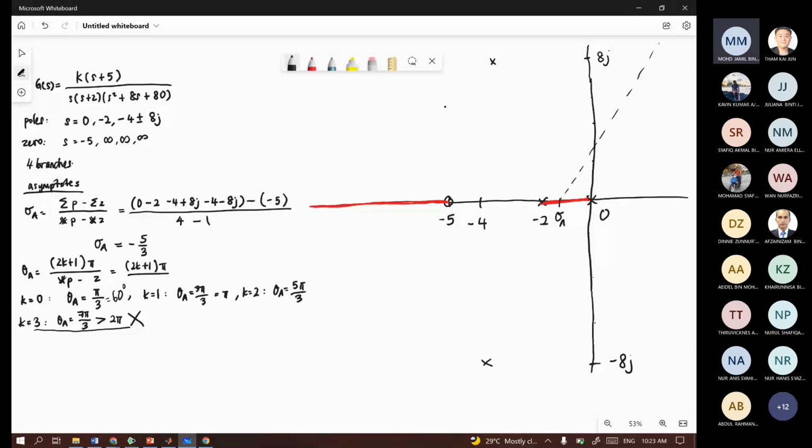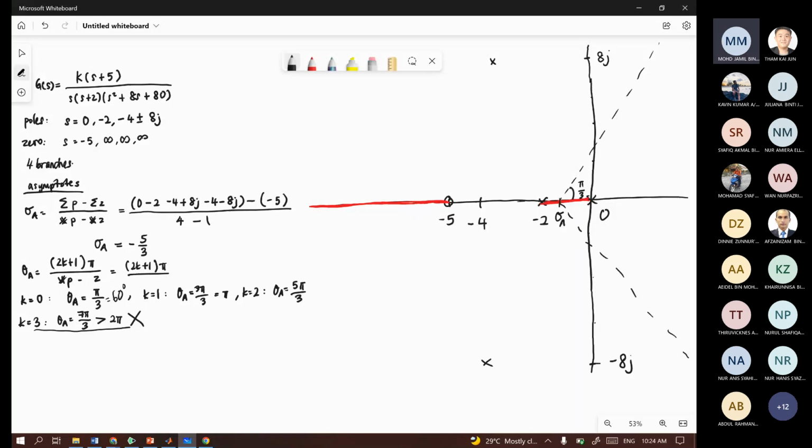Okay, so this is pi over 3. And then another asymptote is here on the real axis.